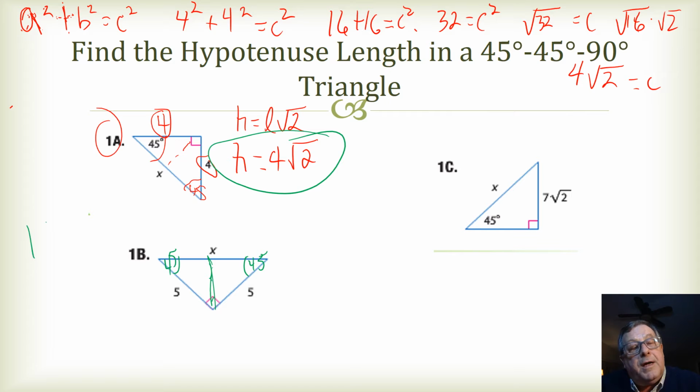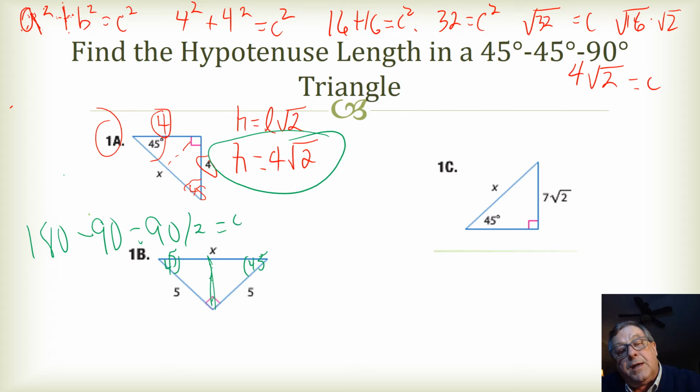If there are 180 degrees in a triangle, and one of those angles is 90 degrees, that means there are 90 degrees for the other two, and they are going to be congruent. So I take 90 divided by 2, and that's 45. So we have a 45, 45, 90 degree triangle.